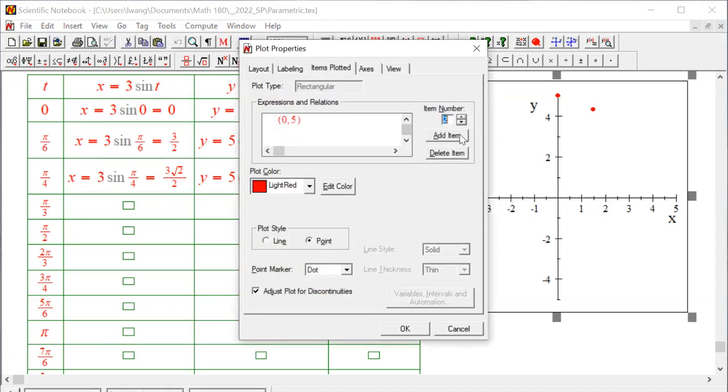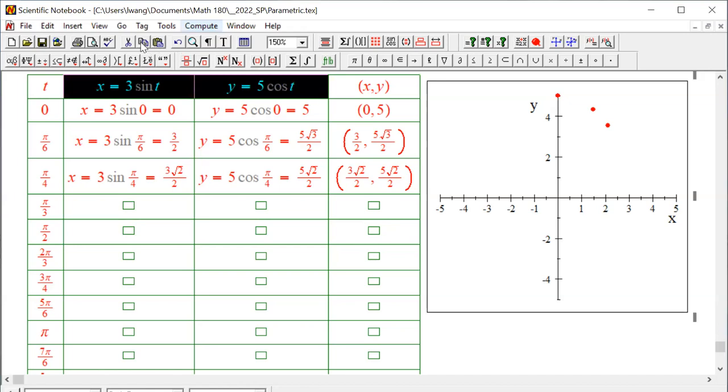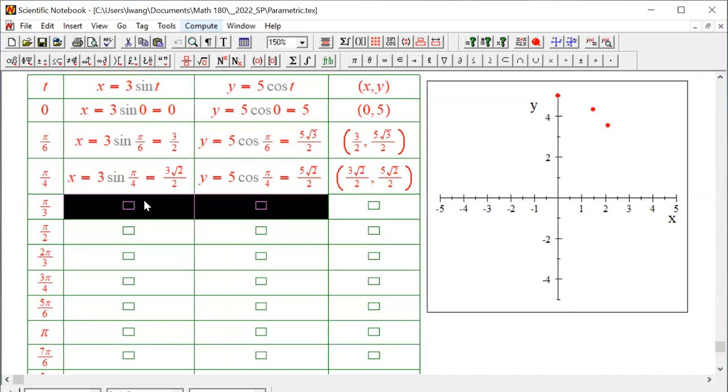Obviously, this time we're going clockwise, right? We're going clockwise. So that's the point, right? So you can see, let me make some pointers so you know where we are. So first point, second point, and third point. So we're going to go one at a time, point by point, okay? All right, pi over 3. Oops. Pi over 3.